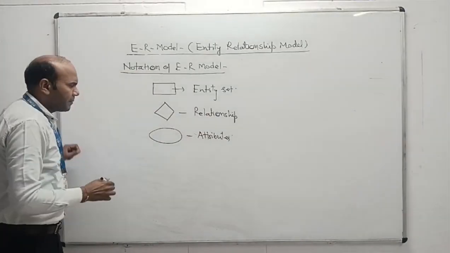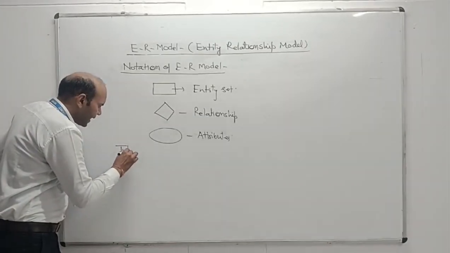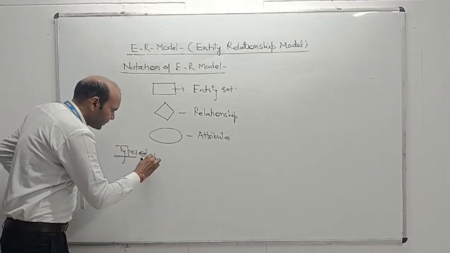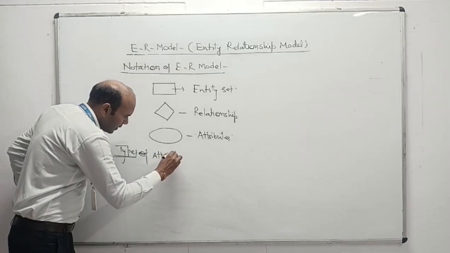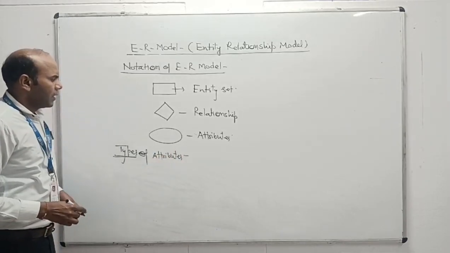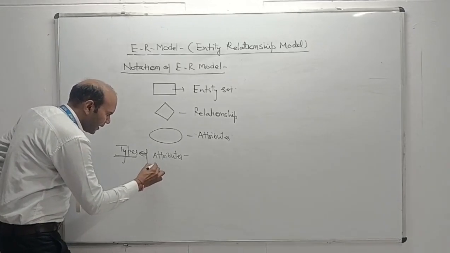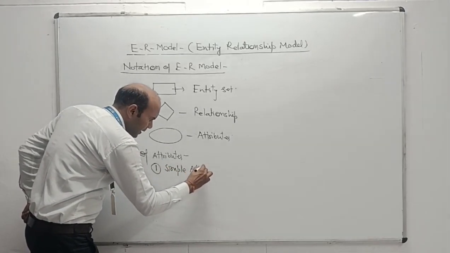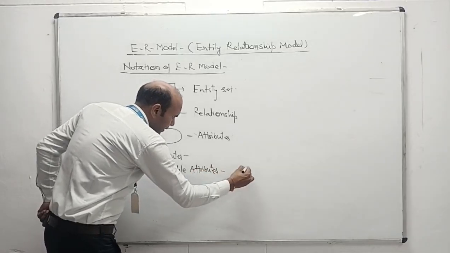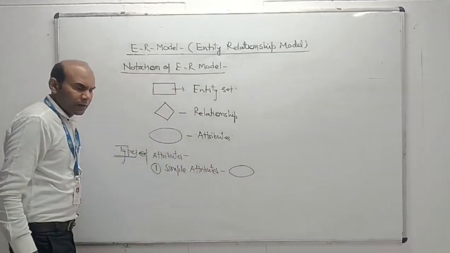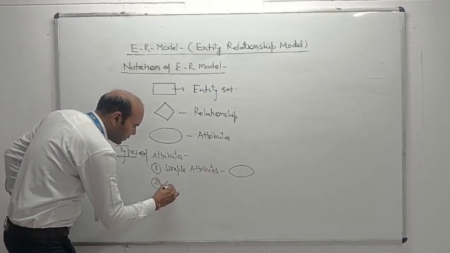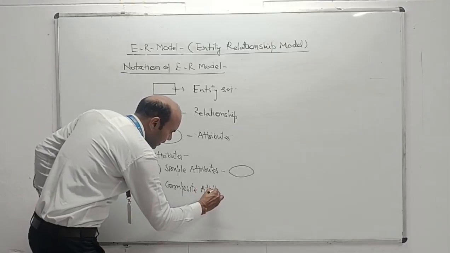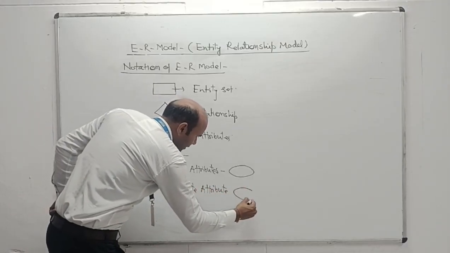What are the types of attributes? Basically, we have different types of attributes. First is the simple attribute. Second is the composite attribute.